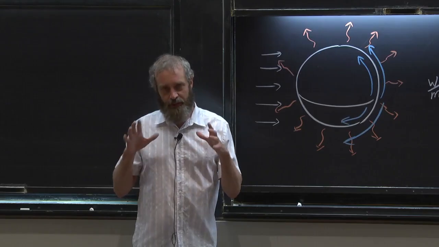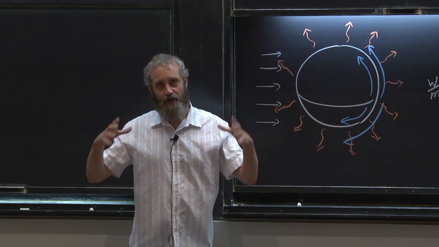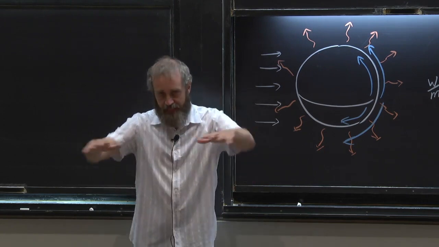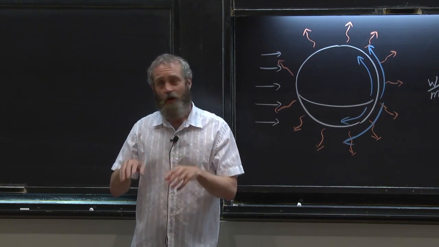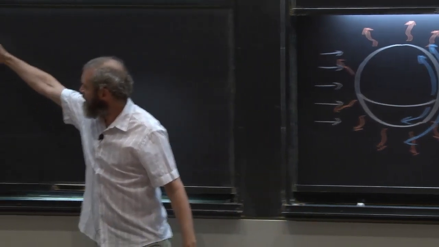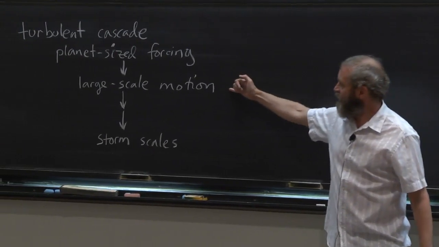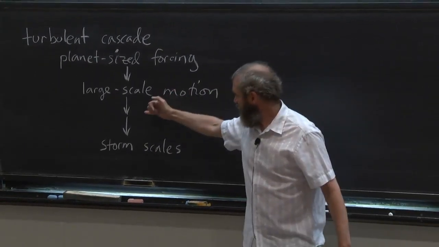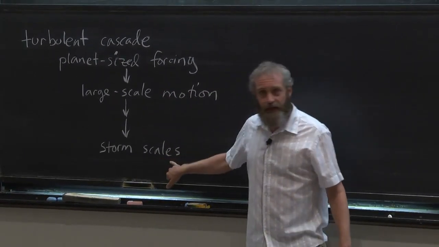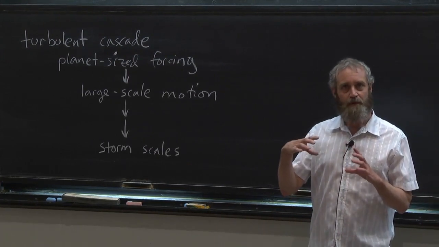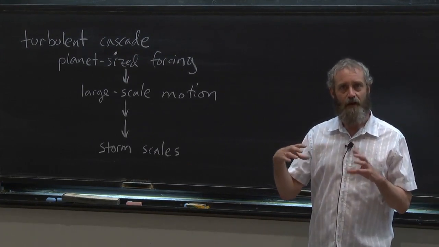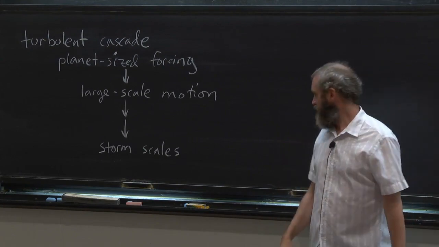The flow tends to break up into large eddies; large motions tend to break up and make smaller motions. It's called the turbulent cascade. So a planetary-sized forcing leads to large-scale motions, which then break up until finally they are the size of the storm systems that affect us from hour to hour in the weather.